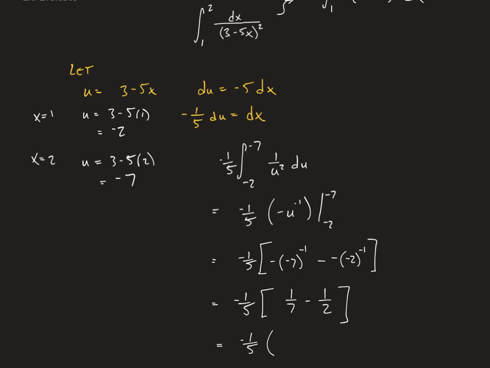Sorry, not 7/14, 2/14 minus 7/14, which is going to be negative 1/5 times negative 5/14. Those are going to cancel along with the negatives, and I get 1/14.